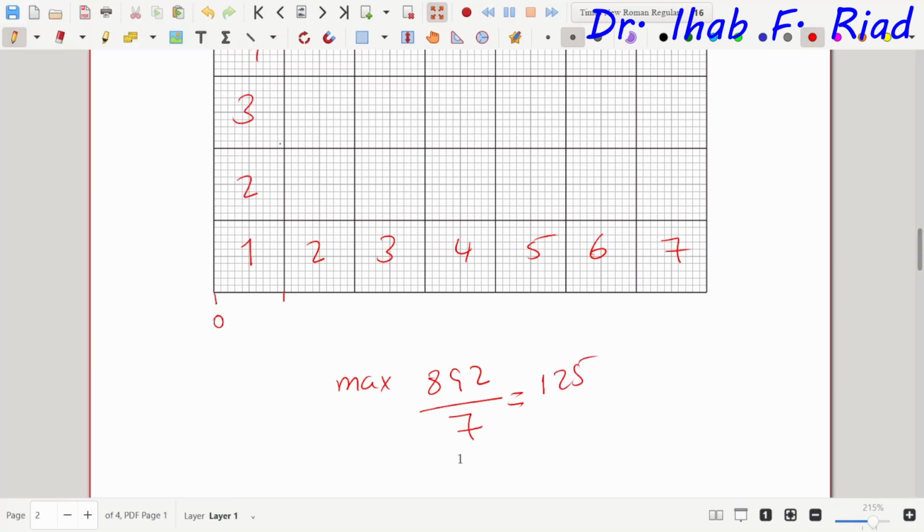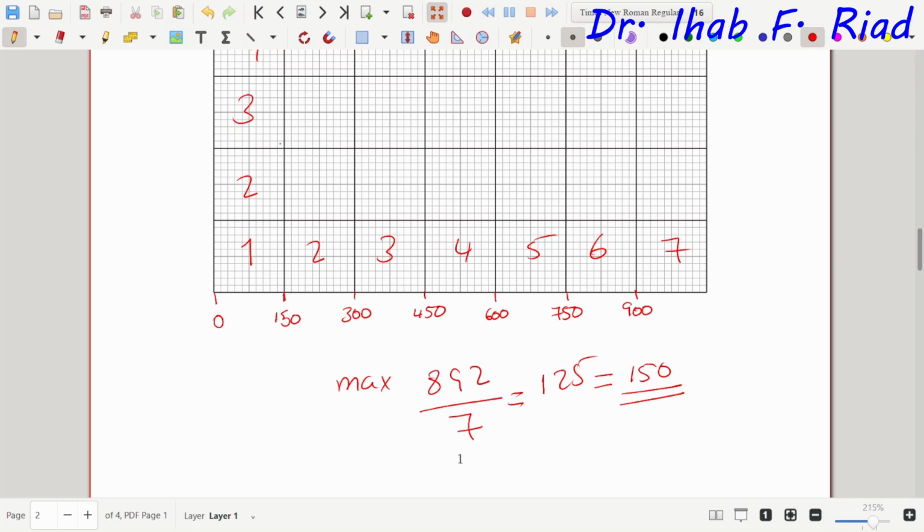So we are going to round this number to something like 150, and we start counting from 0. So this is 0, this is 150, 300, 450, this is 600, 750, this is 900.